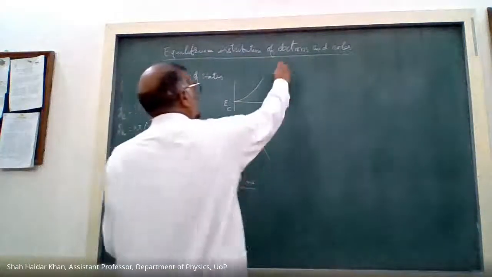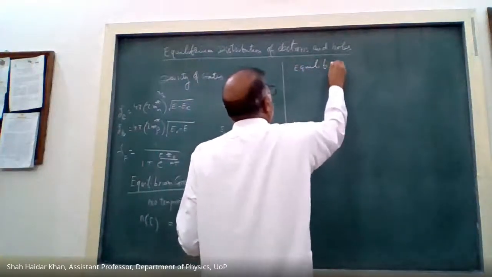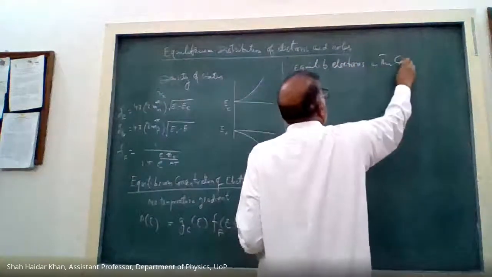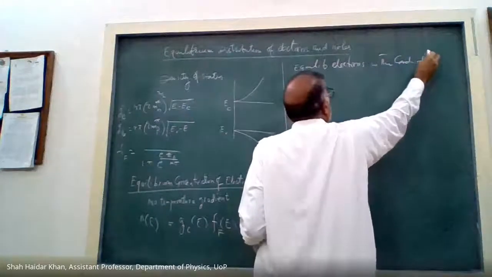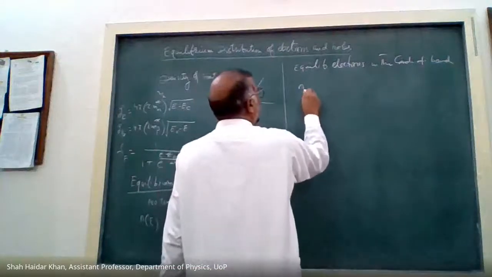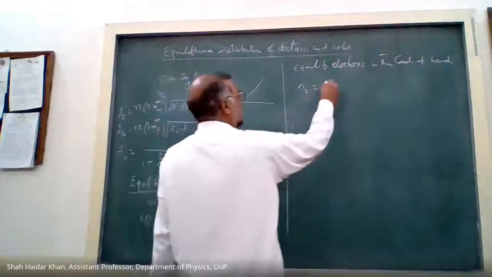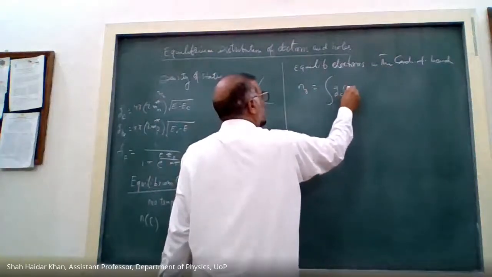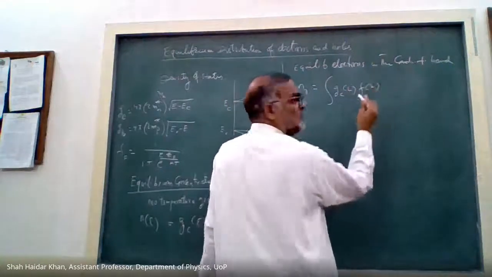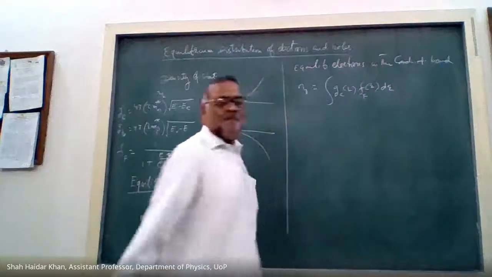So the equilibrium electron concentration in the conduction band. Right? If I call it N naught, the equilibrium electrons, right? Then I will integrate GC as a function of the energy, right? And the Fermi-Dirac probability, function of the energy, dE, right?